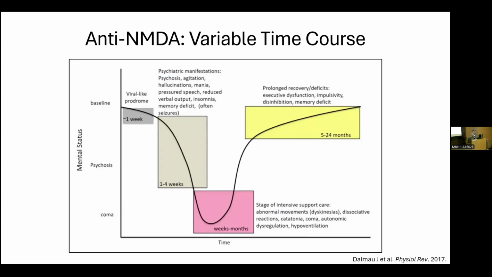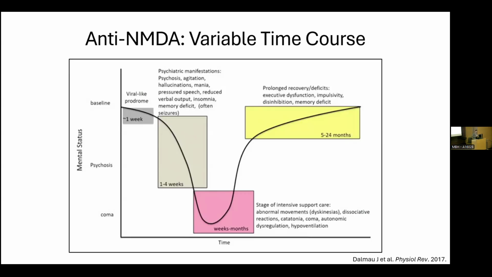I also tend to talk to families and let them know that even if we initiate treatment early, oftentimes these symptoms can get worse before they get a little bit better. And so it can feel like a waiting game where you're waiting and waiting for some improvement. And really it can take weeks to months to get through the acute period where you're really managing their seizures, their autonomic stability.